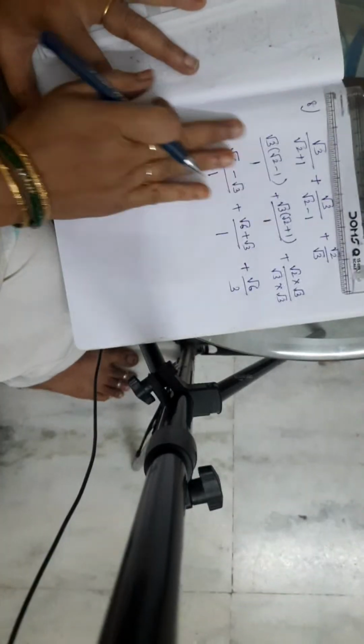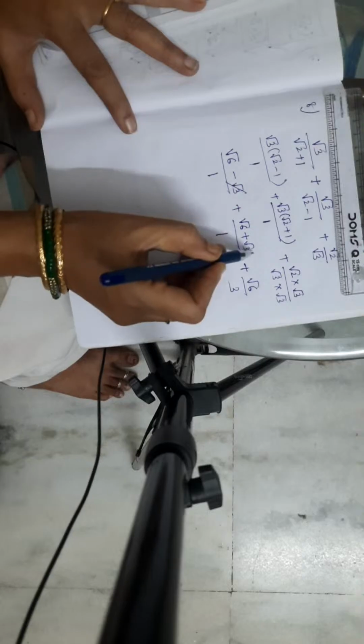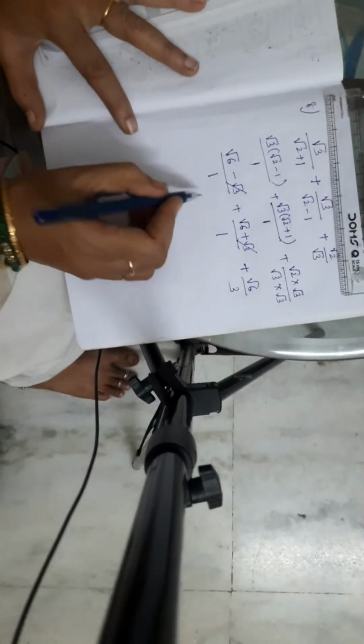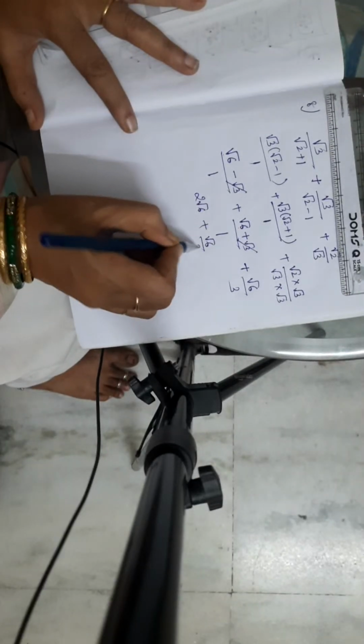So here we are adding. First we can solve this. In these terms, root 3 will get cancelled. This is root 6, this is root 6. So it's 2 times root 6 plus root 6 upon 3.